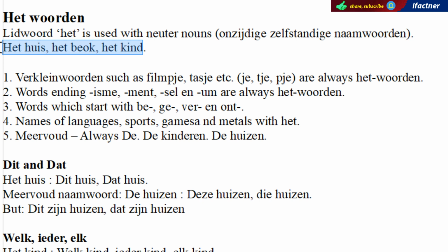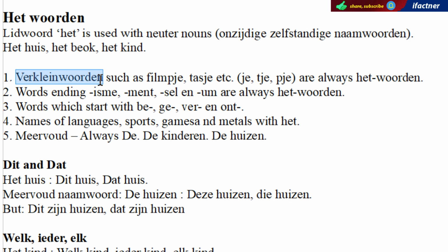Now we have to remember the words which start with het, but there are some tricks which we can use to guess if the word starts with het or de. For example, in Dutch we use kleine woorden for smaller things, for lovely things.